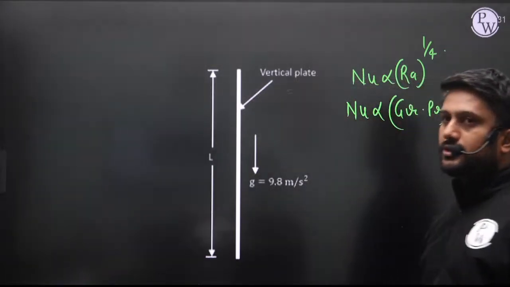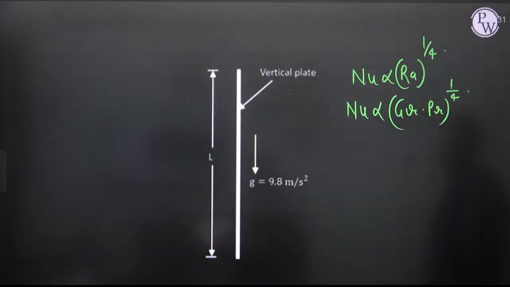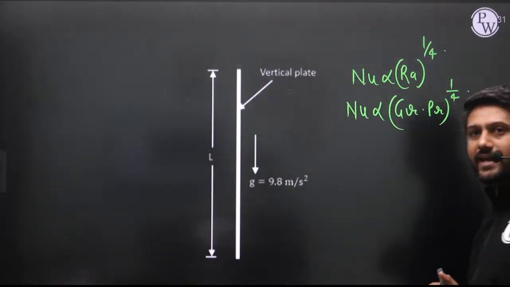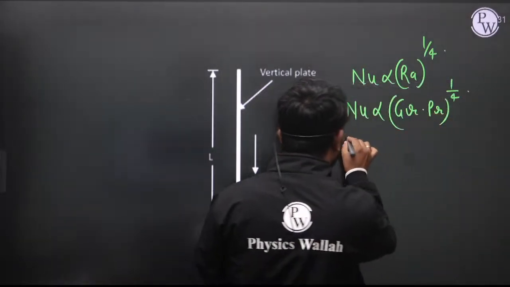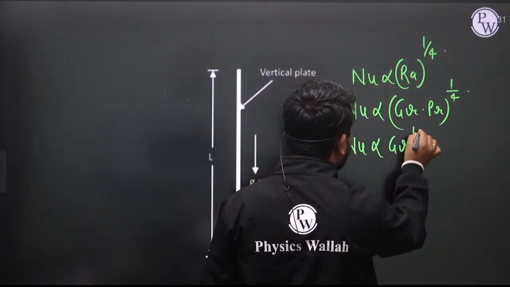If the height of the plate changes, the Prandtl number does not change. Initially it is L, then it is 2 times L. The Grashof number will definitely change because it depends on the characteristic length, but the Prandtl number is independent of the characteristic length, so it is constant. So directly we can say Nusselt number is directly proportional to Grashof number to the power 1 by 4.